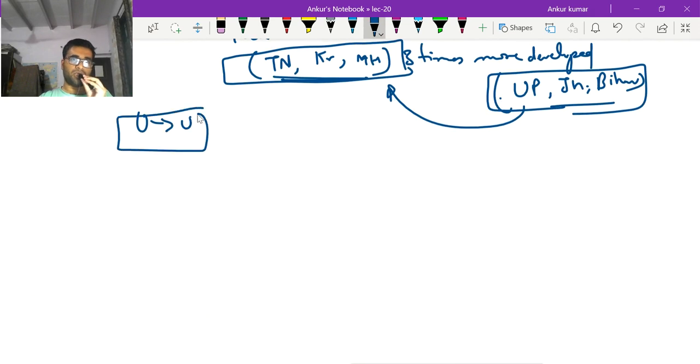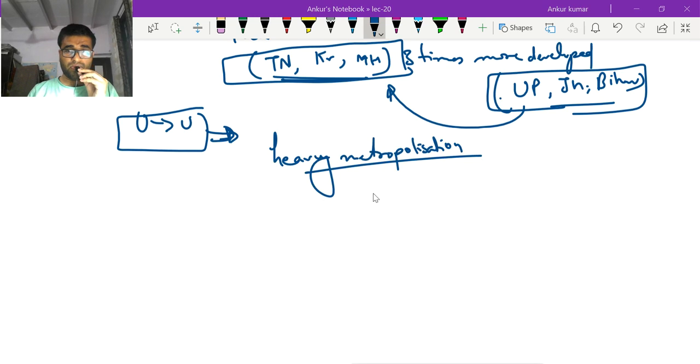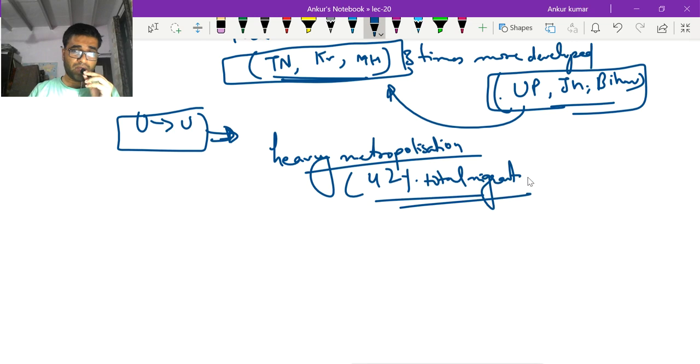Urban to urban migration. See, in urban to urban migration, what happened in the case of India? India is witnessing heavy metropolization, right? For example, 42% of the total migrants are migrating to 52 metropolitan cities.